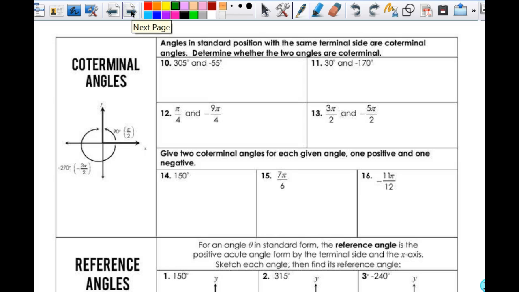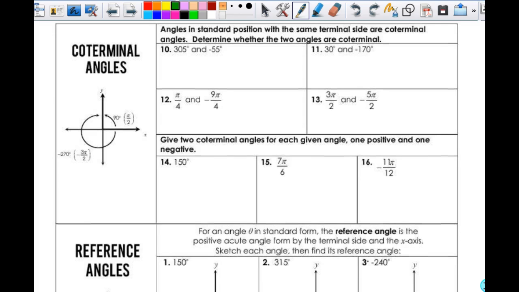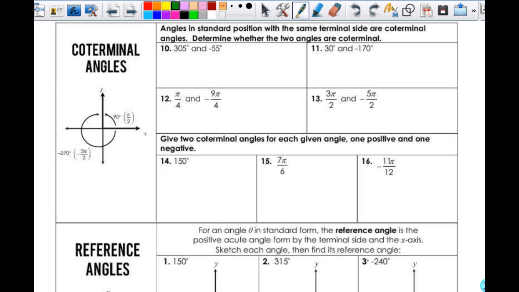All right, so it says determine whether or not they are coterminal angles. So what do you think I could do with these numbers to figure that out? Like, what could I add or subtract to the degrees? 360, because if I'm going to start here, whether I'm coming this way or this way, to get back here, it's either 360 degrees, no matter which direction I'm going.